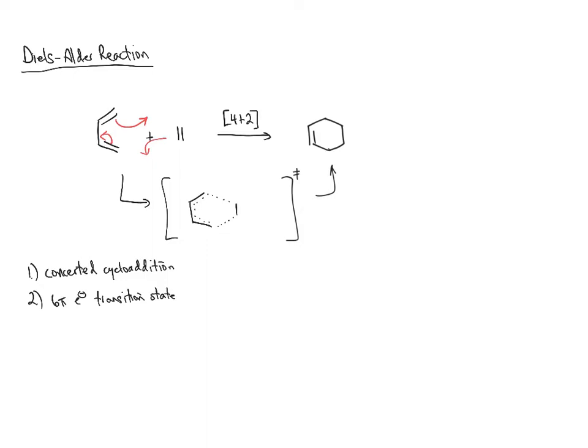And this 6 pi electron transition state is especially stable. And as we'll learn in a couple of weeks, this special stability is known as aromaticity. All right, so it's got some sort of aromatic character to it.